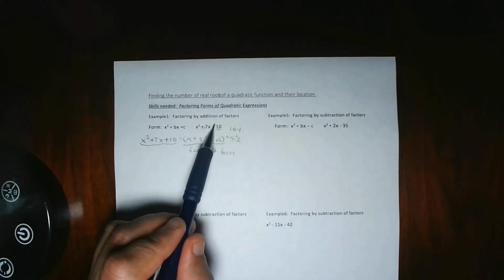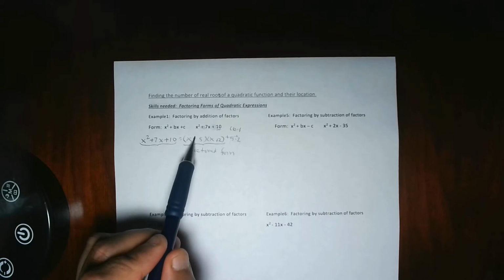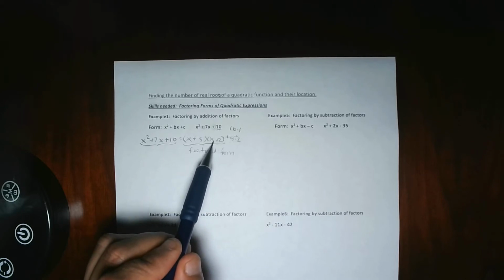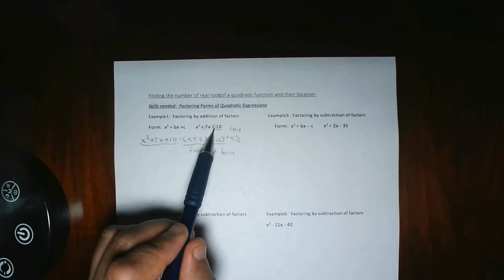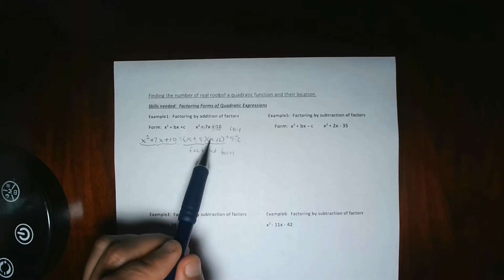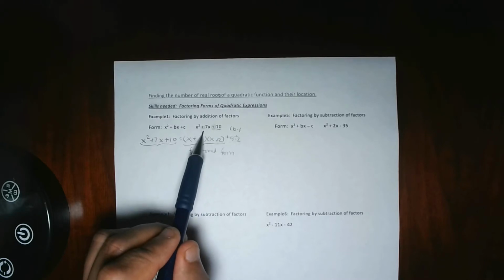So something you should notice here is that whenever this sign is positive, both of these signs will be the same sign, and that sign will depend on this sign. So these positive signs depend on this one, not this one. This sign only tells you that you're going to add, but the signs that go here depend on this sign.